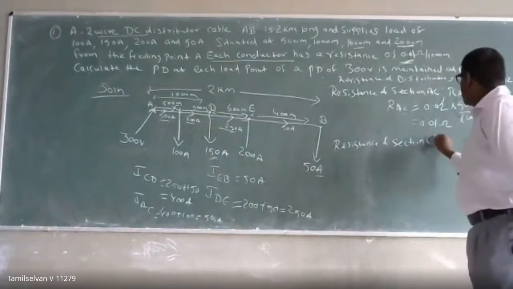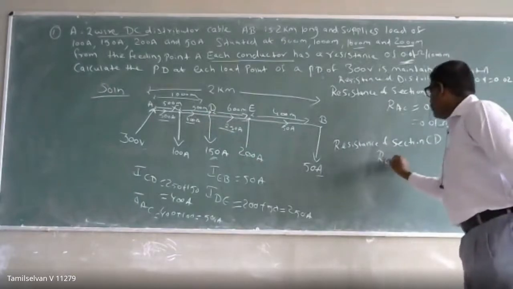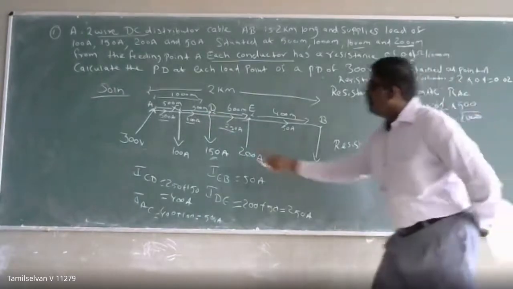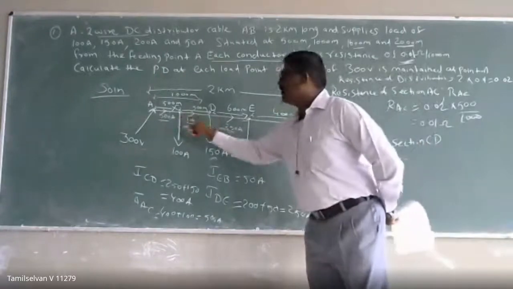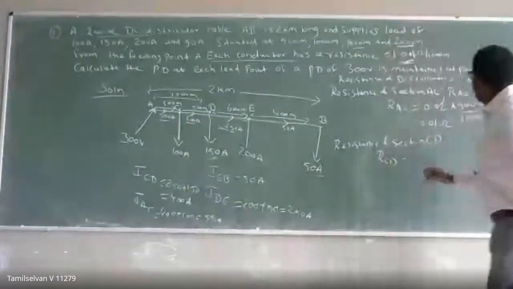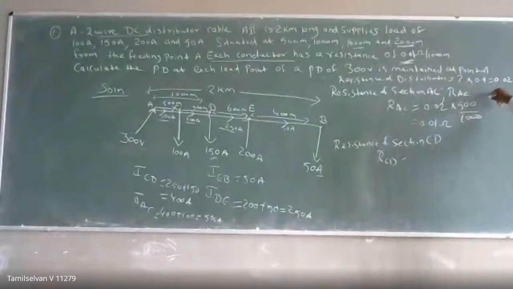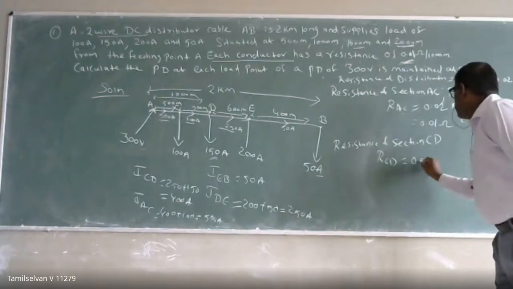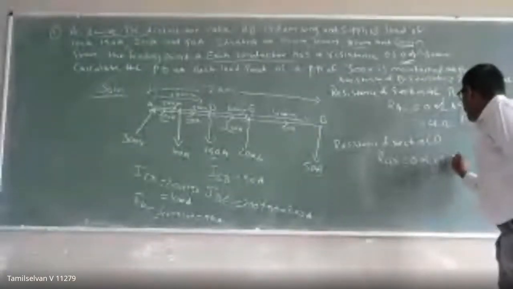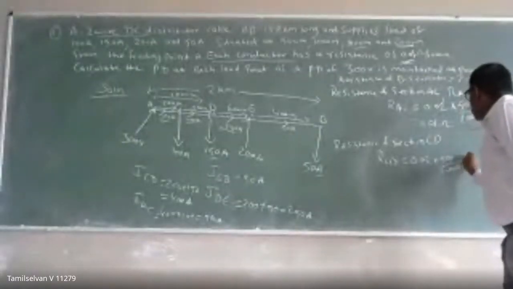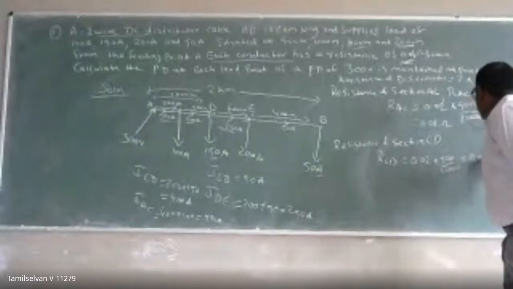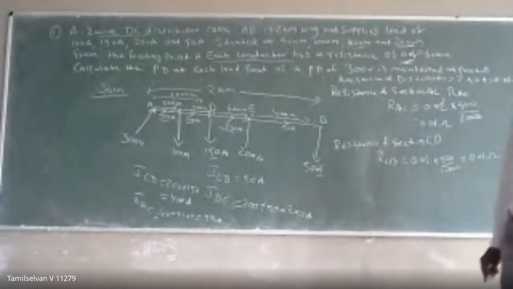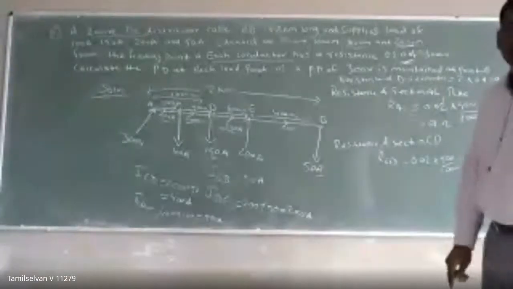R CD will be equal to, what is the total distance? It is 500 meters. For 1000 meters it is 0.02, so for 500 meters, again this is equal to 0.01 ohm.